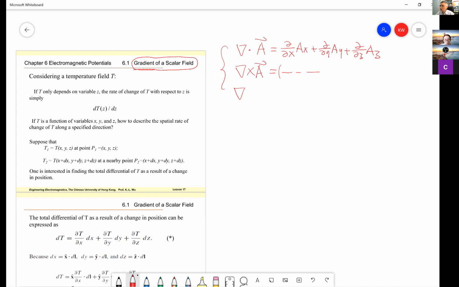This is the way I remember: if this is z, this is y, so the component of the diagonal term is the same. This is how I remember.